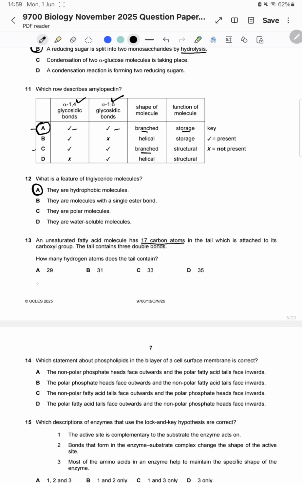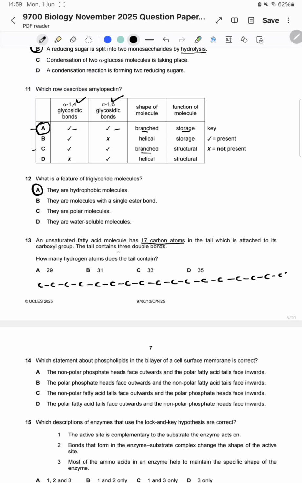So let's draw 17 carbons. That is going to make it much easier for us.